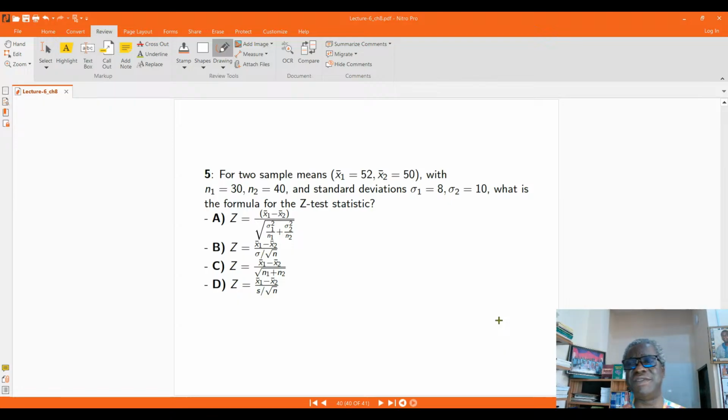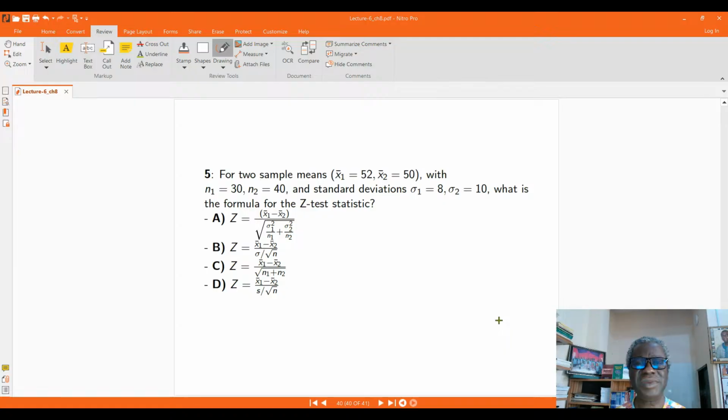The standard deviations for the 2 populations are given as 8 and 10 respectively. What is the formula for the Z-test statistic? Since we are talking of mean here, look at it very carefully.